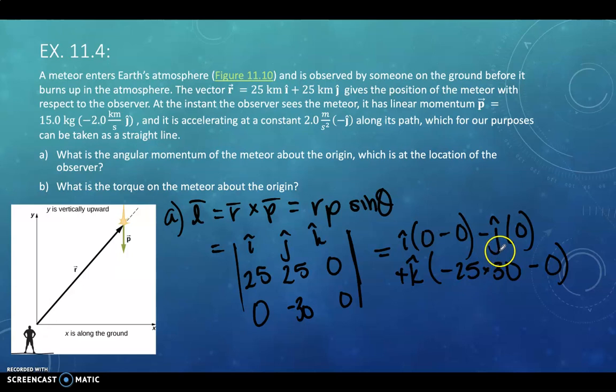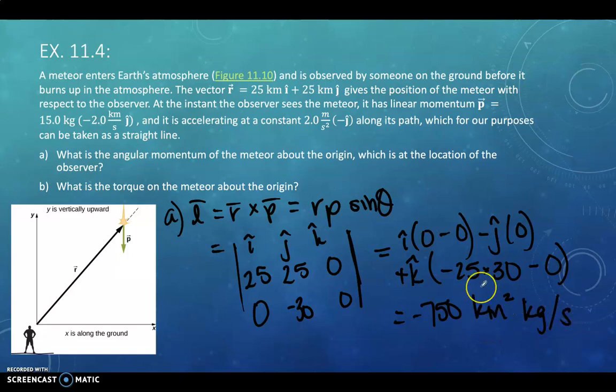Again, I don't have my calculator on me. So, negative 25 times 30, 750. And this is going to be in kilometers squared kilograms per second.